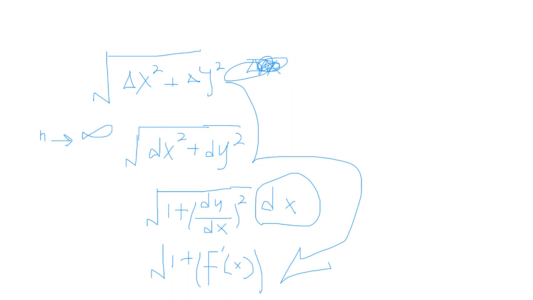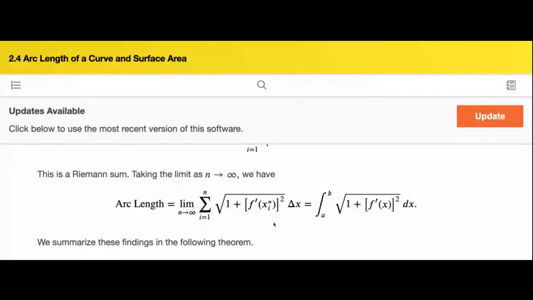So dy dx is just the derivative of the function, with dx outside the square root sign. Okay, does this make sense to everyone? So this is just an explanation of the textbook, because the textbook jumped from one notation to another notation.